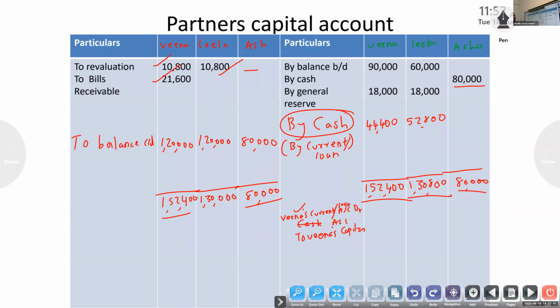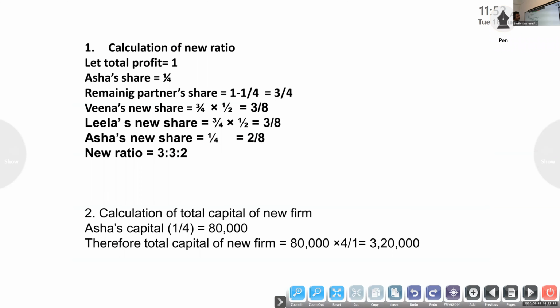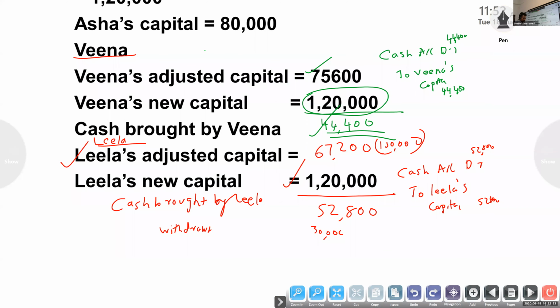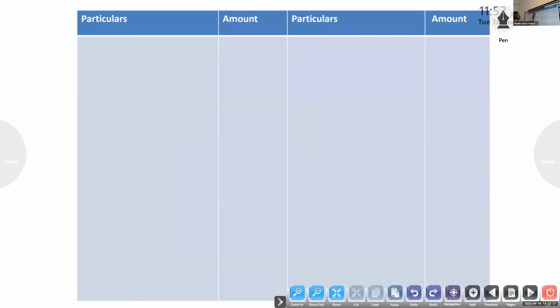Clear now? So now we are doing through cash. Next, if it is through cash, we have to prepare cash account. Otherwise, no need.